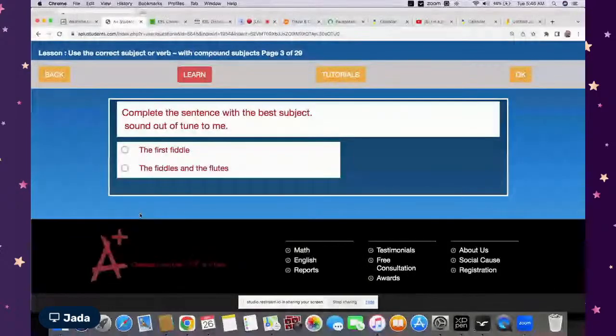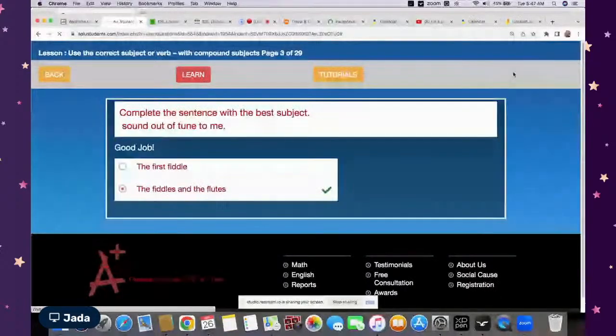What do you all think will be your answer? So two, maybe. Yes, two is correct. Your answer is actually correct because we have "sound" here, and sound is what? Sound is a plural verb. Yes, two is the correct answer. And here stands for the plural. Okay?